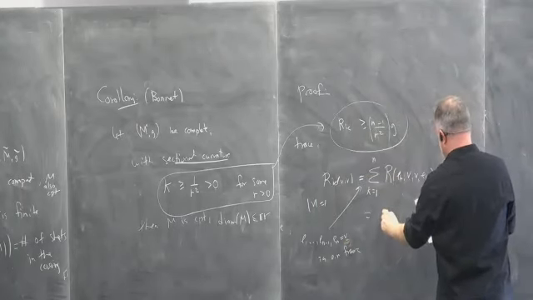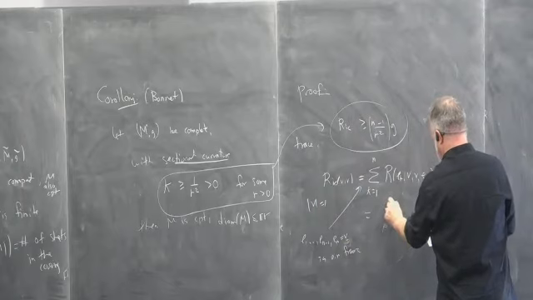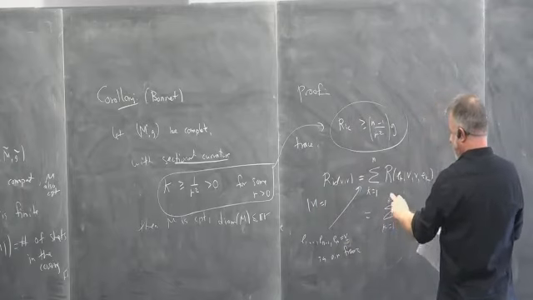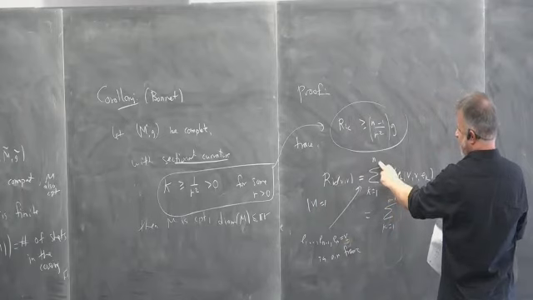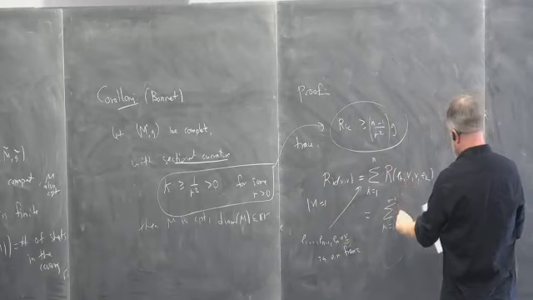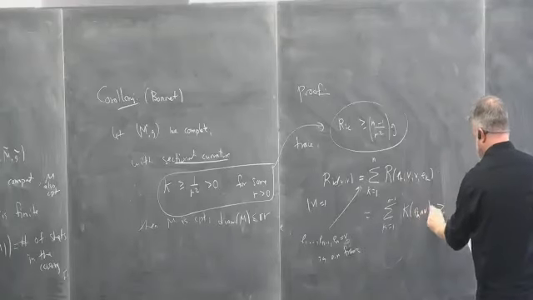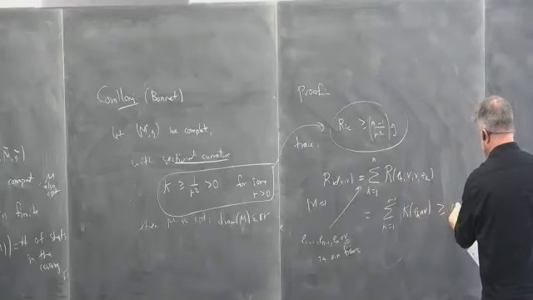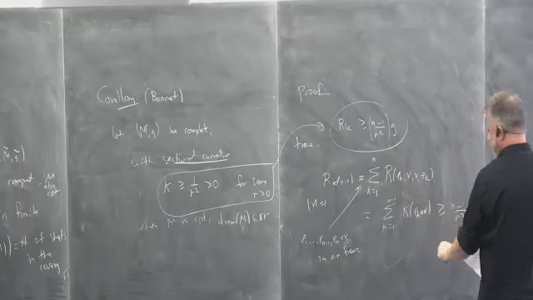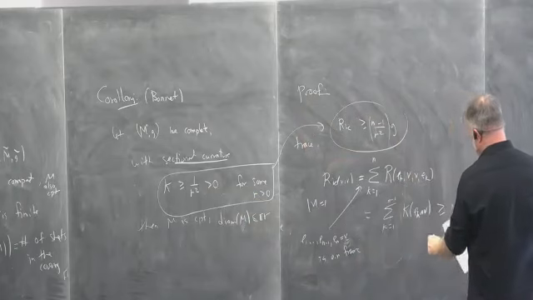So this is equal to the sum from k equals 1 up to n minus 1, because when k equals n, because V is equal to e_n, this is going to be 0. So this will be just the sectional curvature of the plane spanned by e_k and V, and that's going to be greater than or equal to n minus 1 over R squared, because each of them is bigger than 1 over R squared, and I have n minus 1 of them.